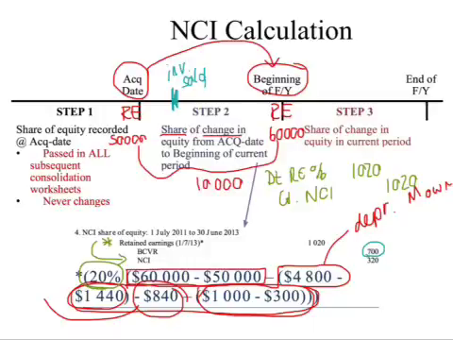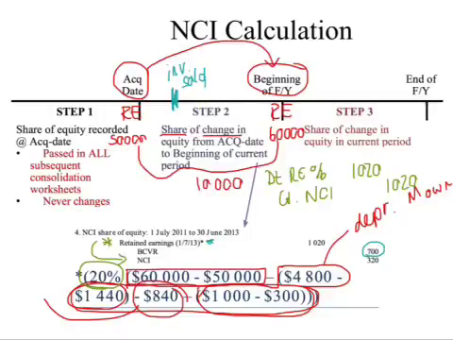So the NCI will receive their part of the profit through the adjustment in the earnings. So the NCI share of the BCVR should reduce as the BCVR reduces.